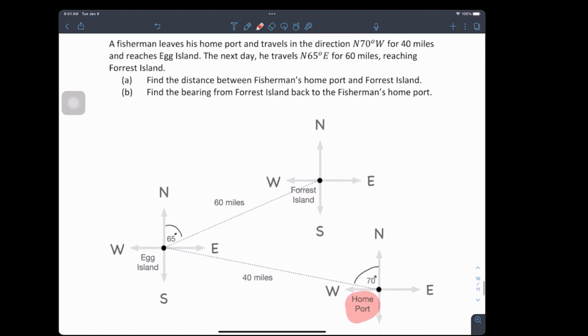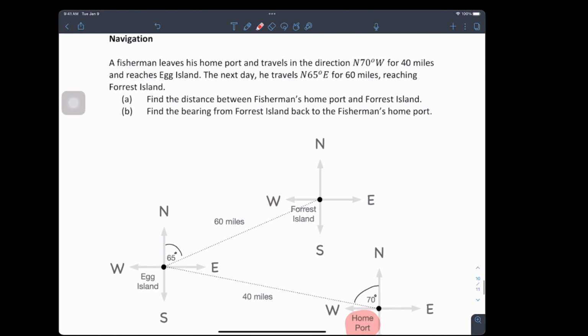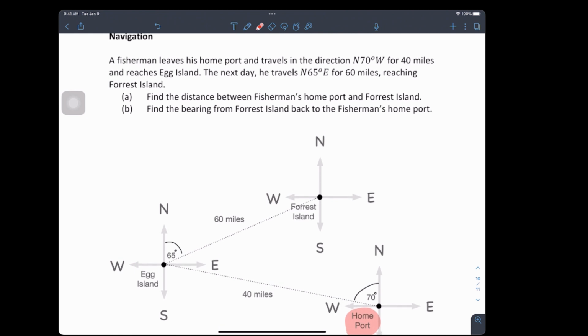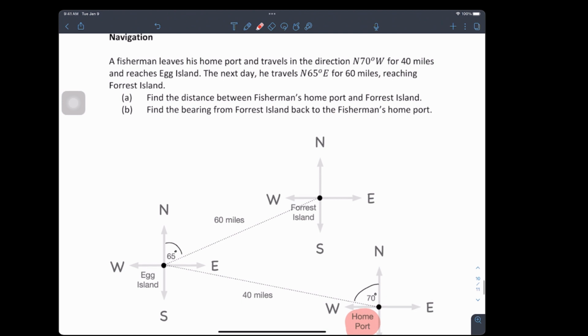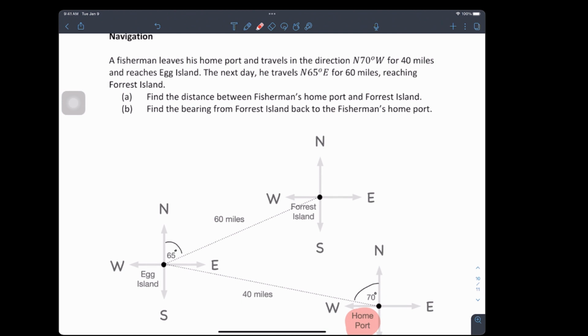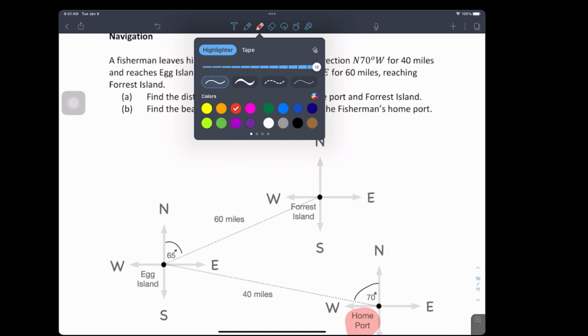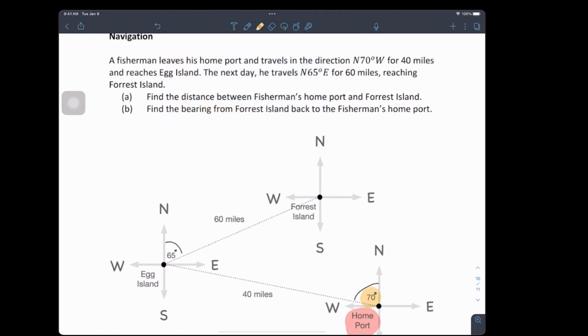So let me just read through it to verify if there's any typos, because I don't remember if there are. The fisherman leaves his home port, there you go, and travels north 70 degrees west for 40 miles. So there's north 70 degrees west. And you want to know what's nice about this question? It's not a distance equals rate times time. What do they give you guys here? They gave you the distance now.